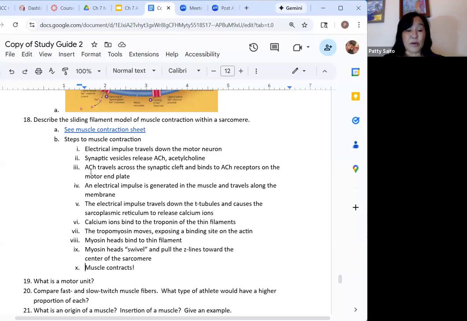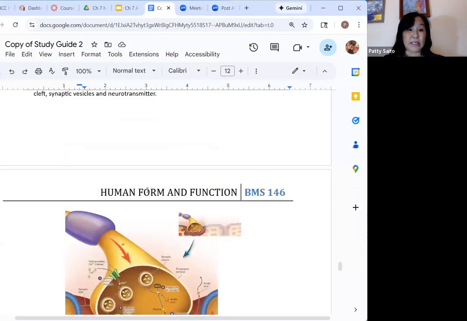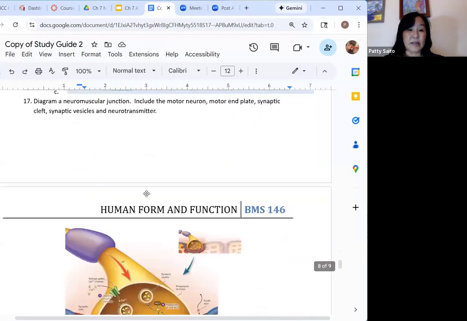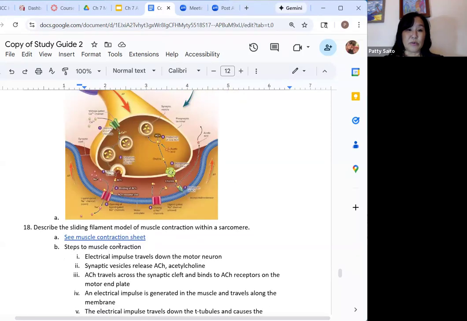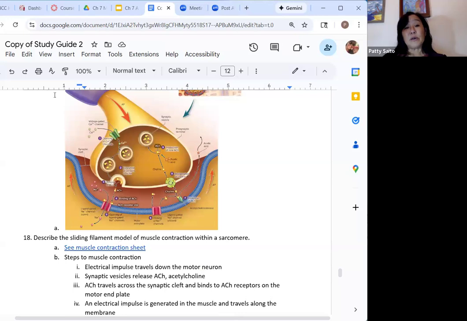Okay, so follow along with your picture. Let's just use this picture while we're here. So the electrical impulse will travel down the motor neuron. Once it hits the end, it's going to cause the synaptic vesicles to release their acetylcholine into the synaptic cleft.